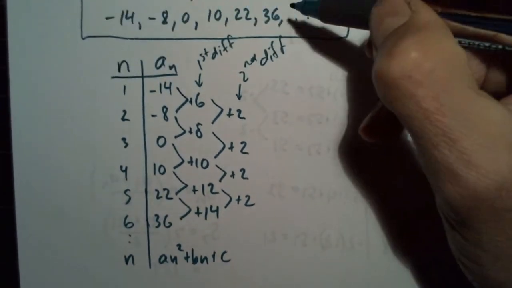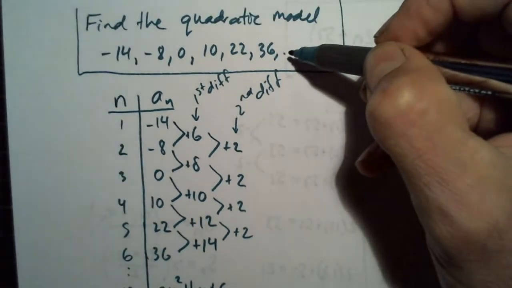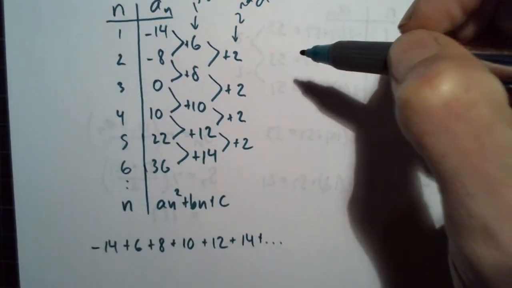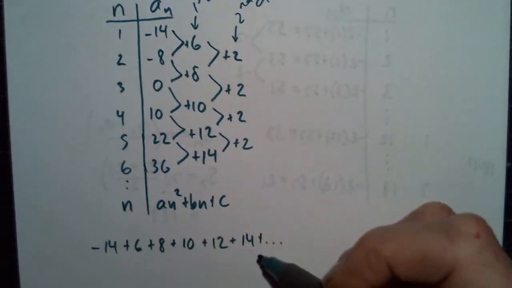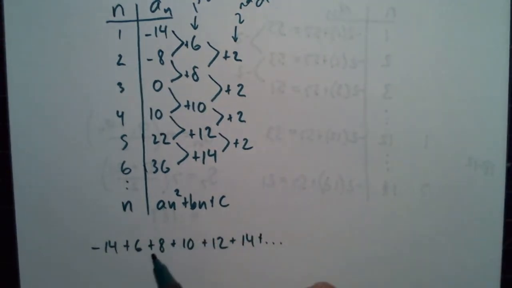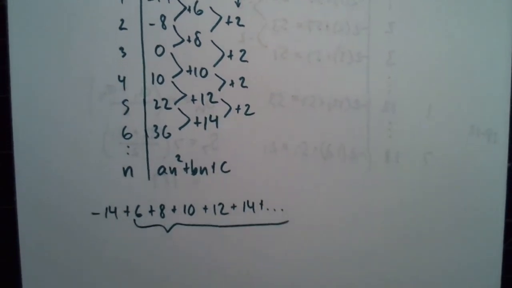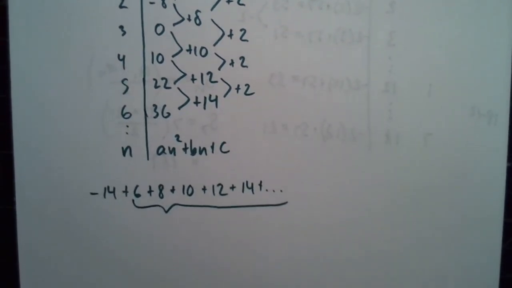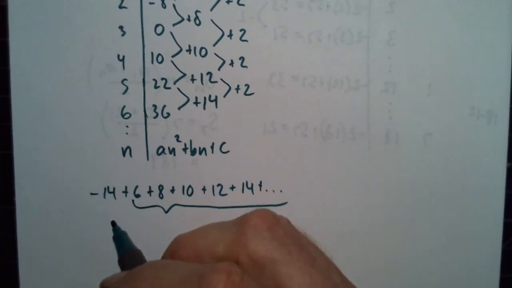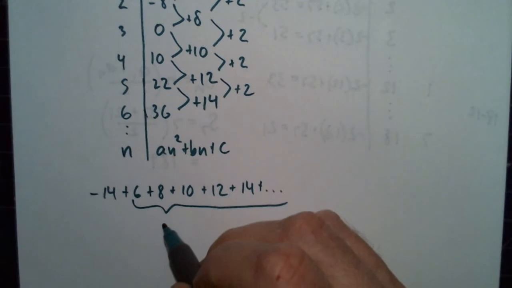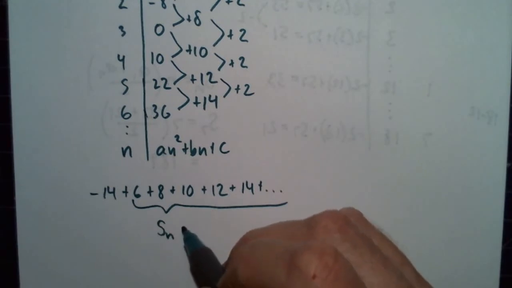So here we have a sequence, and the terms of the sequence are generated with this series. We know that this part of the series is arithmetic. This is an arithmetic series, so it could be represented like this.